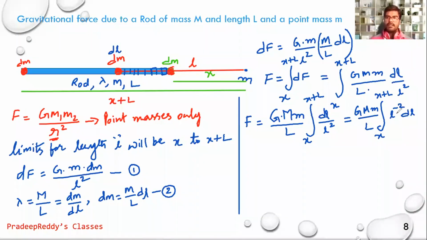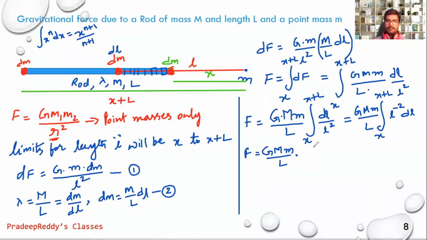What is the formula for integration of x power n dx? Integration x power n dx is equal to x power n plus 1 divided by n plus 1. In the same way I will substitute here. This gives you F is equal to capital G, capital M, small m divided by capital L into l power minus 2 plus 1.